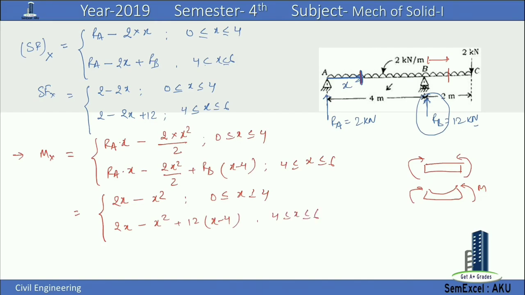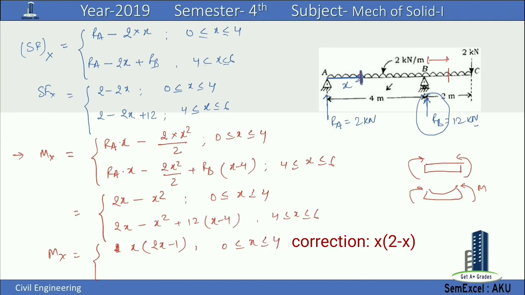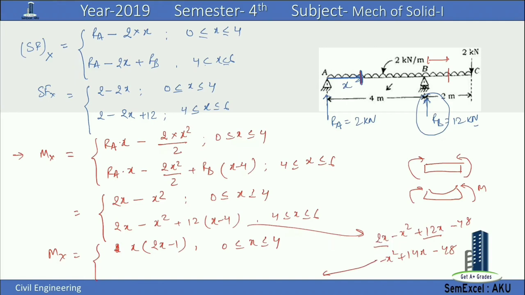Let's again solve this, and taking x common, we get x into 2 minus x. And we have to resolve this part, so it will be equal to minus x square plus 14x minus 48, for x between 4 to 6.